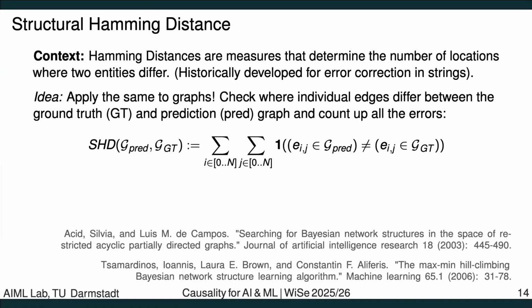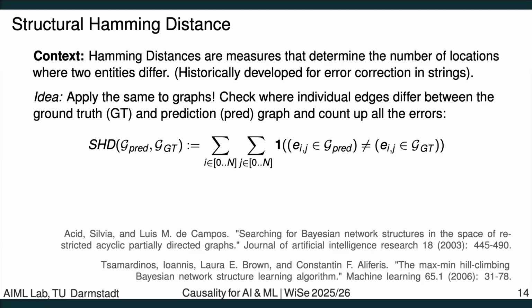Another thing that we can do is looking at some error metrics on the graphs, on the edges. And for that, we are considering the structural Hamming distance. This is a common metric in general graphs. What this tells you is to look at every edge and again count up the numbers of correctly and incorrectly predicted edges.